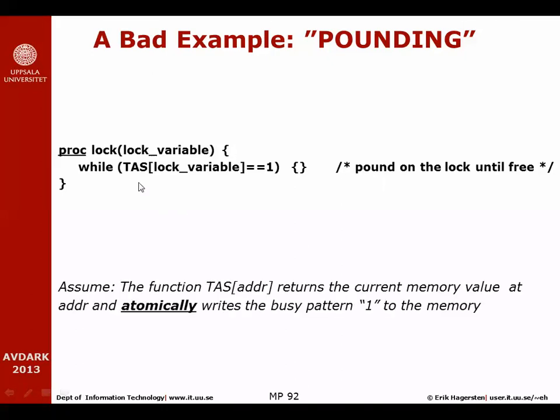Here, I assume the test and set of the lock variable is some kind of macro that can be expanded to the necessary assembly instruction. We assume it returns the current value at the memory location, so it returns the old value and atomically writes the 1 into that location.